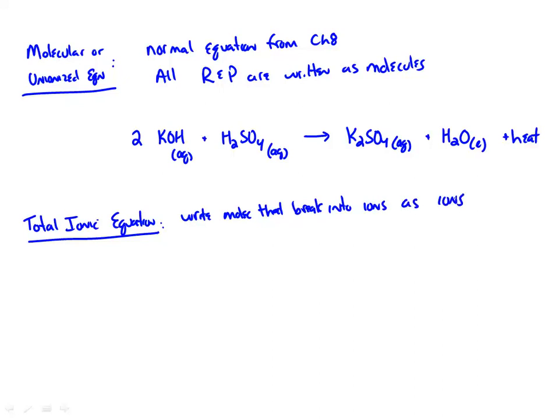And what that really means is that anything that is a strong electrolyte, we write as ions. And so here you have to remember that definition of strong electrolyte so you can apply it. We write molecules and weak electrolytes as molecules.